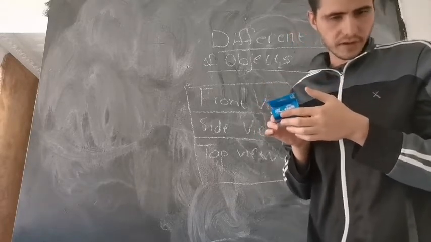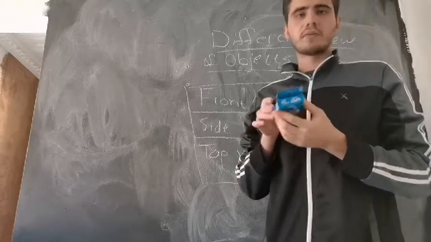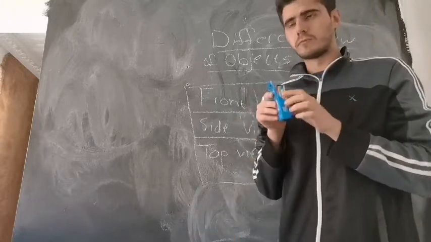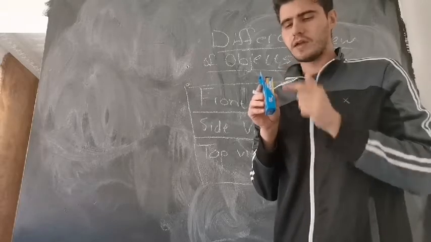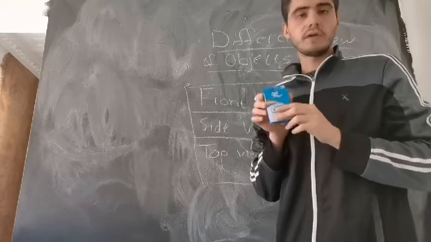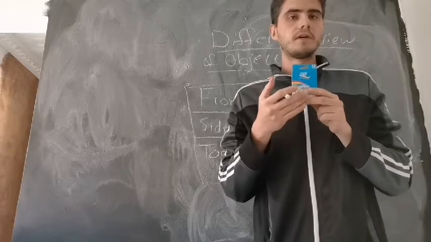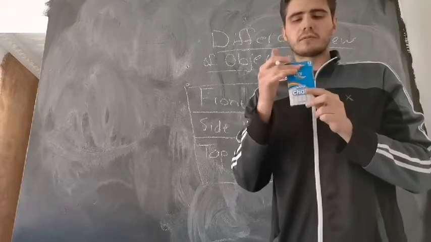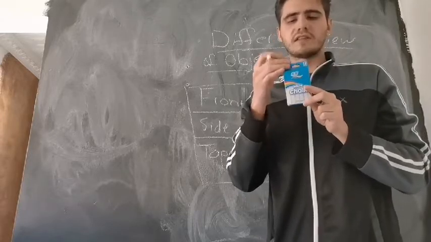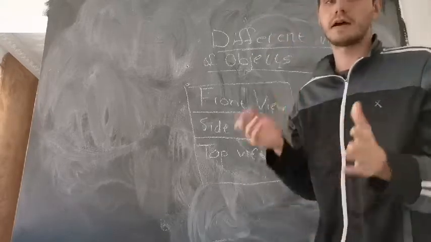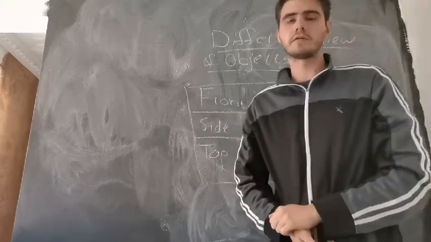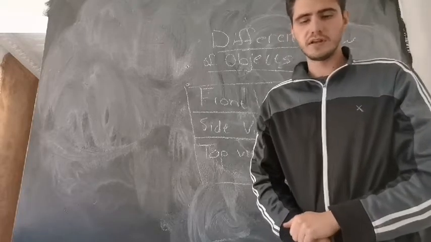Then we've got our side view. This is what our object will look like from the side. So this is our side view. And then we've got our front view. This is what an object looks like from the front. So this is what we'll see from the front, this and this. Now, very important, our front view, our side view, and our top view will differ.